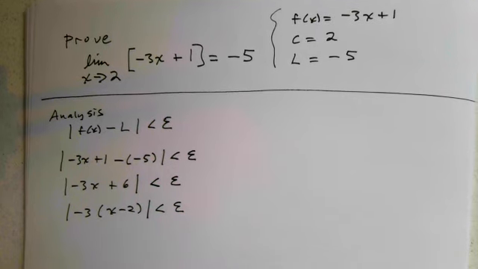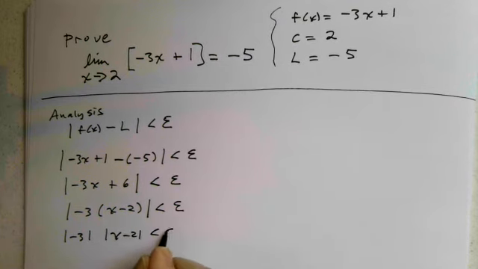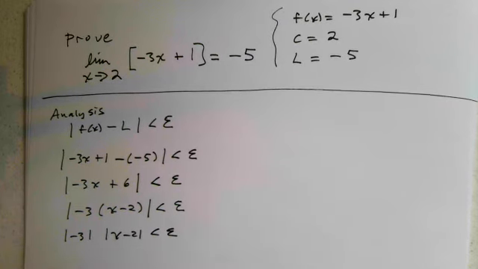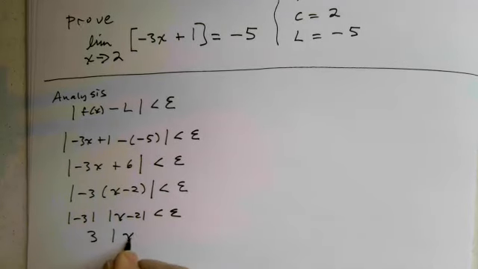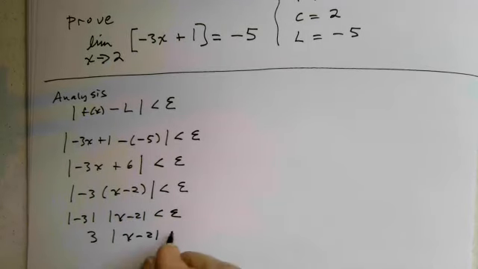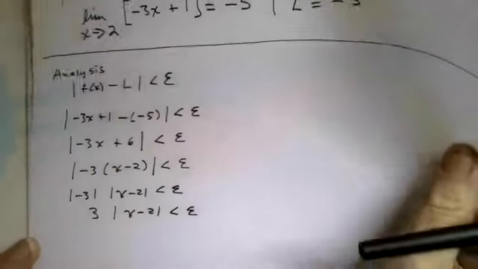Well, what is that? The absolute value of negative 3 times the absolute value of x minus 2 is less than epsilon. The absolute value of negative 3 is just 3. 3 times the absolute value of x minus 2 is less than epsilon. And we complete our analysis by saying absolute x minus 2 is less than epsilon over 3.